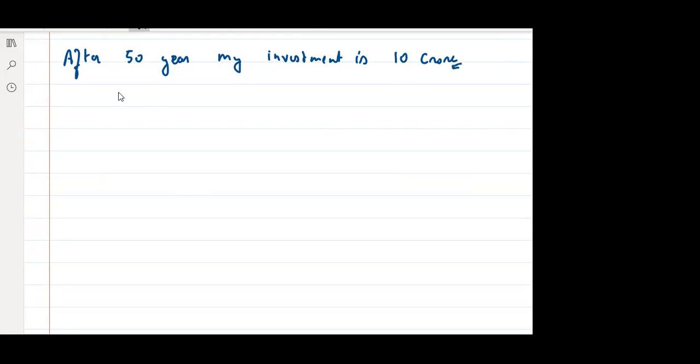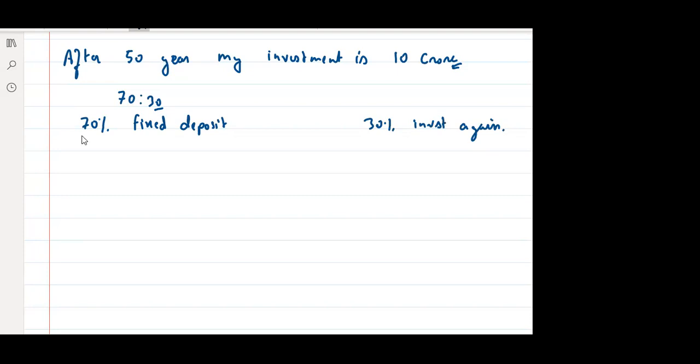So I should split 70-30. 70% I will keep in fixed deposit, and 30% I invest again. Yes or no? Correct. Very good, Kishore.